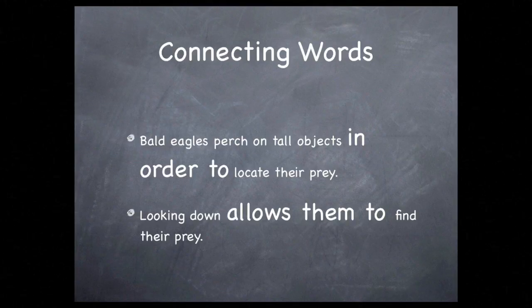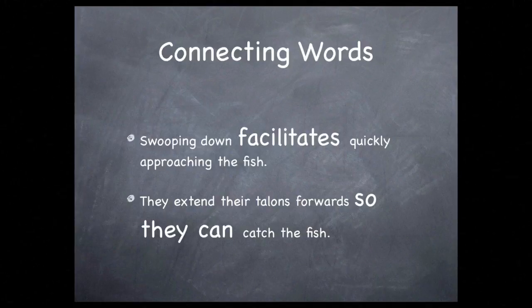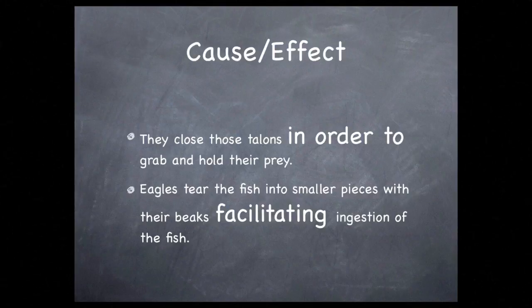Swooping down facilitates quickly approaching the fish. They extend their talons forward so they can catch the fish. They close those talons in order to grab and hold the prey. Eagles tear the fish into smaller pieces with their beaks, facilitating ingestion of the fish.